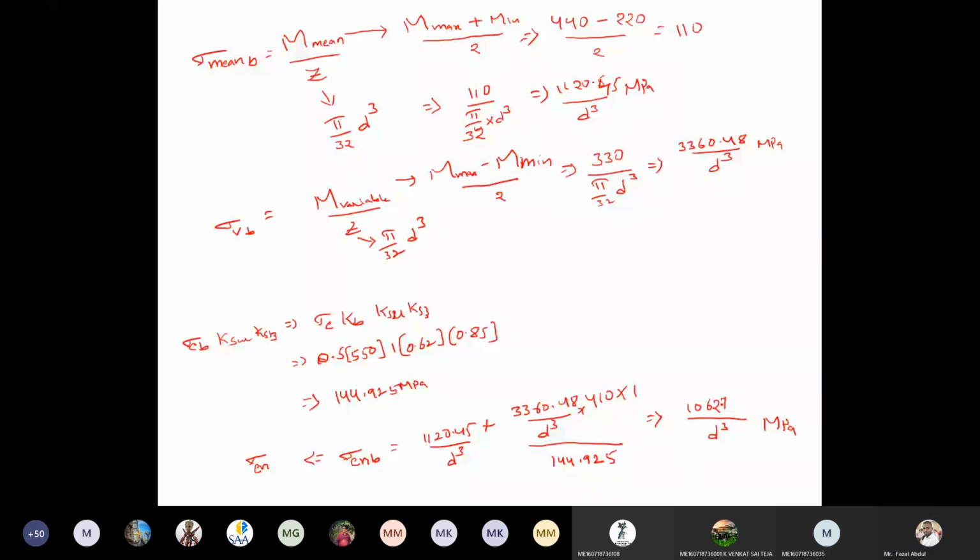This one we calculated due to the bending loading. Now I'm going to calculate because of torque application. Because of the torque applied, shear stress is generated there. So according to the torque, what is the equation?